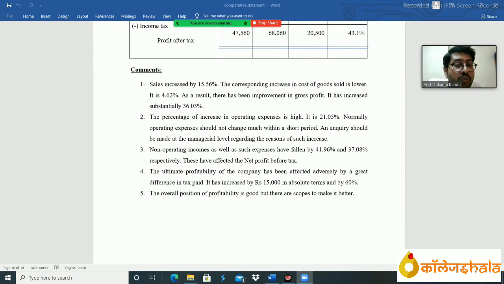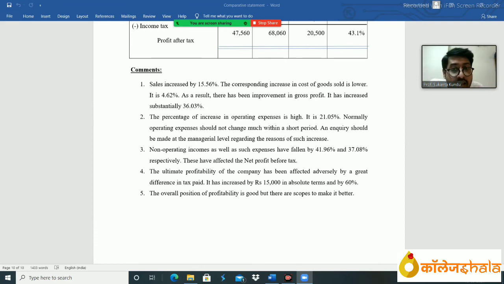Non-operating incomes. Non-operating income means, as I said, you have deposited a particular amount of money in your bank. Now you are getting interest on your deposited amount. So it will be considered as non-operating income, interest on my investment.